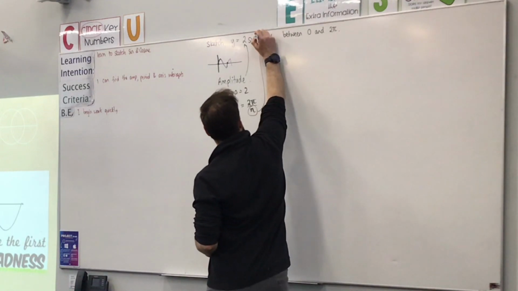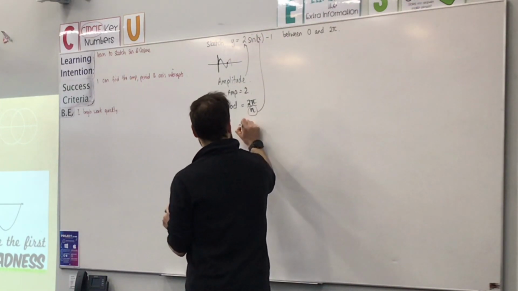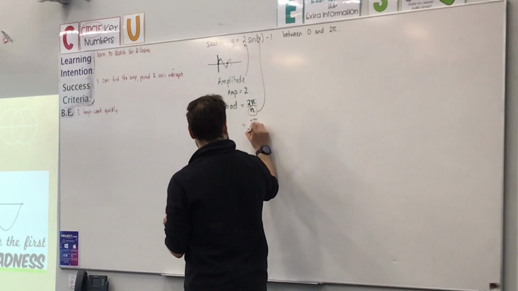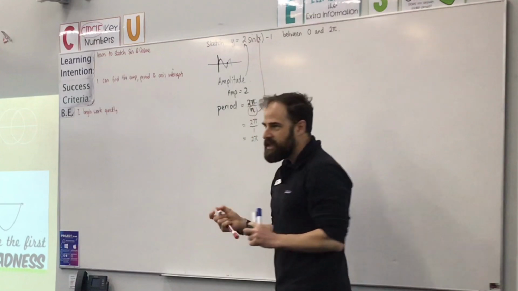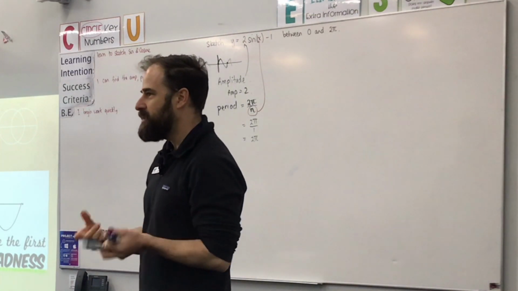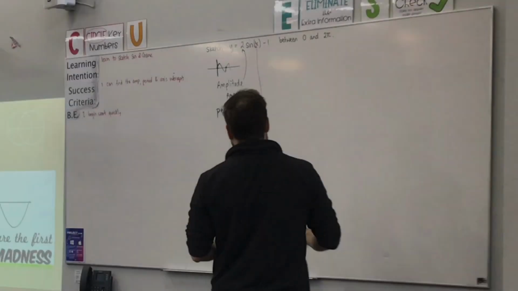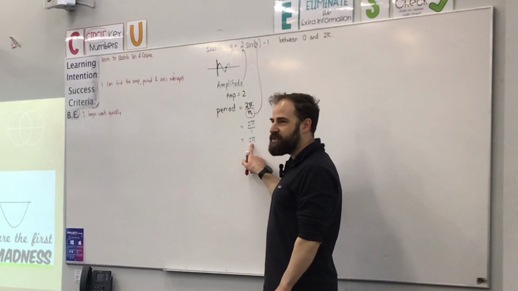Good. Let's write the 1 in there. So my period equals 2 pi on 1, which just equals 2 pi. So I know that my graph is going to repeat itself after 2 pi radians. Okay, so the period, our graph's going to repeat itself after 2 pi.